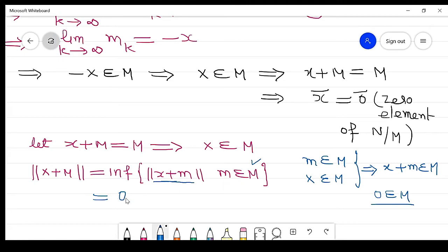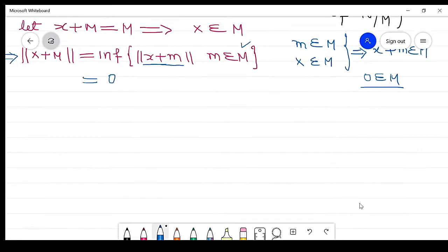If its minimum value is 0, then it means the norm of x plus M is equal to 0. So this is the second part of the second property. Clear? So both these properties are important. From this we get the first property and the second property.